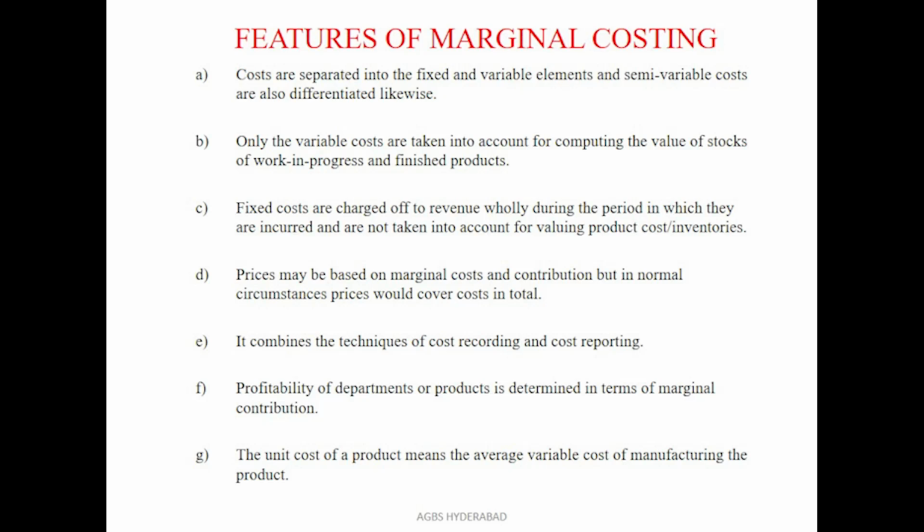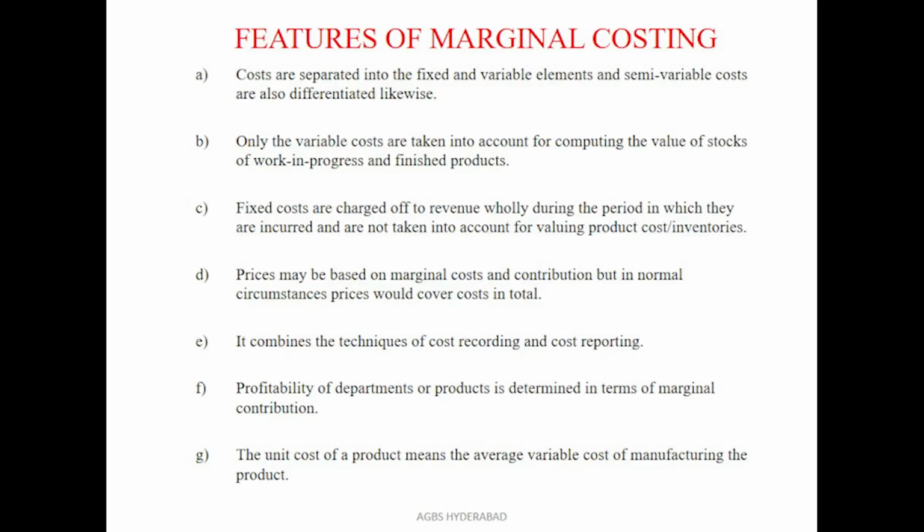Because fixed costs are charged off to revenue wholly during the period in which they are incurred and are not taken into account for valuing product costs or inventories, because they are incurred at any cost, whether you produce or sit idle. Even if you are sitting idle, the expenditure incurred is fixed costs.